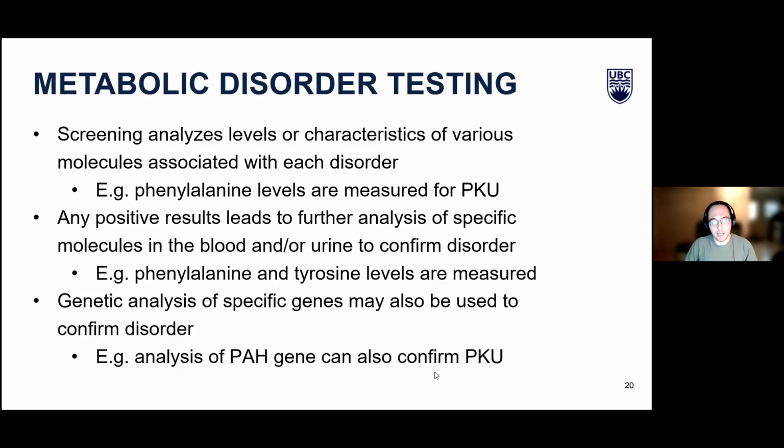In the case of PKU, there is this gene called PAH, and that is the gene that is involved with PKU and doesn't allow for the proper processing of phenylalanine. So if we wanted to further confirm the diagnosis of PKU, we could analyze the newborn for that gene and assess what the mutation was.